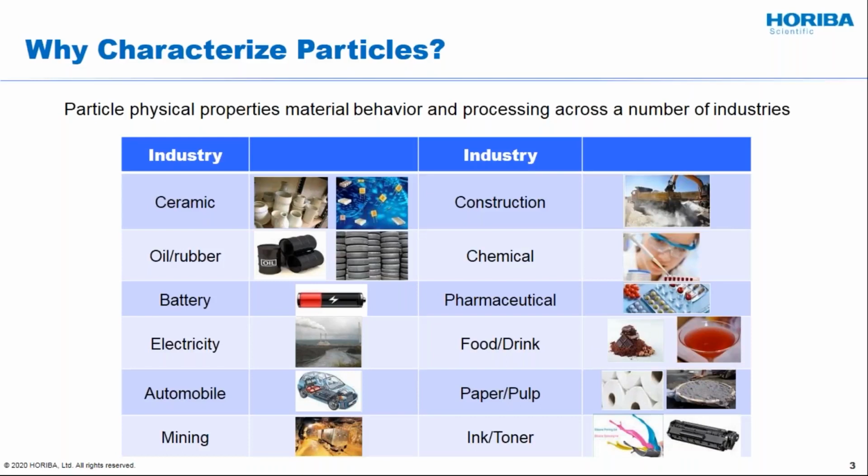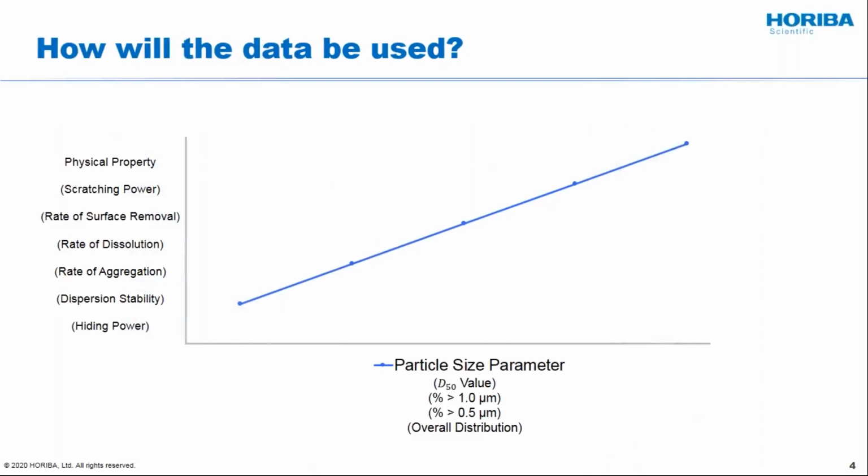So the first thing to take away is that virtually any industry you have any familiarity with is going to be using particle characterization in some way, shape, or form. We'll show you a few actual examples here today and how we're going to use that data. So we'll get right into it from the start.